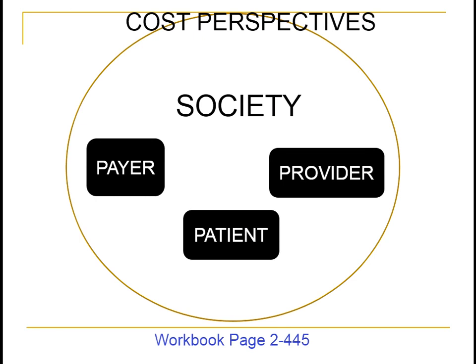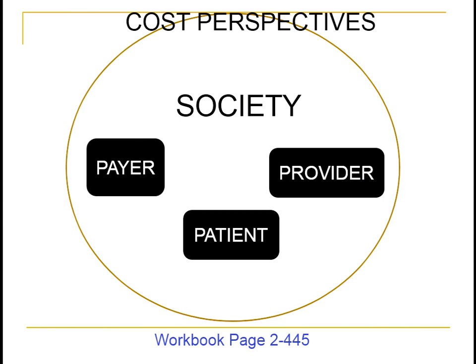If they are serving as the insurance company, such as Medicare, Medicaid, and the Department of Defense, then they become a payer. A payer is the group that is actually paying for the services: the insurance companies, employers, if they're self-insured.